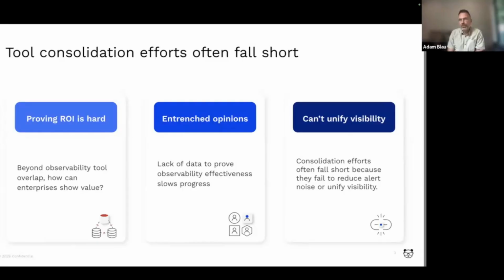A big challenge that our customers face is that when they're looking at observability tool rationalization from the perspective of observability tools and the people who use them, it's a very subjective opinion on the value of those tools. Well, I like it. It provides the best-in-class APM.